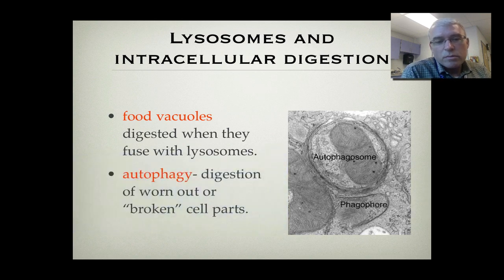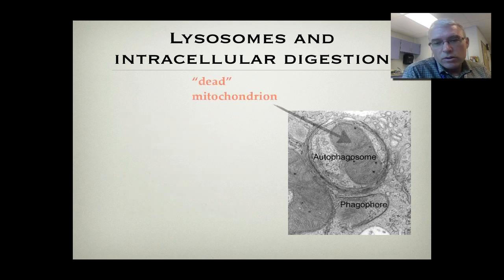Also, the lysosome can do something called autophagy, which means it can absorb broken or worn out cell parts and break them down and recycle their components. In this picture, you can see a mitochondrion that's been quote-unquote swallowed by a lysosome, and it's in the process of being digested or its parts recycled.